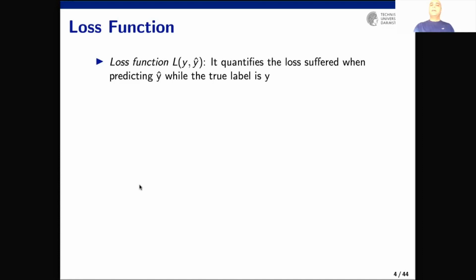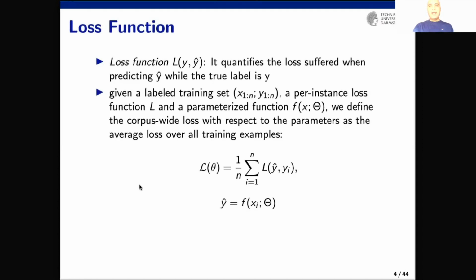In other words, the loss function measures how far the prediction of the network is from the true outputs. So given a labeled training set X and Y, a per-instance loss function L, and a parameterized function f(x; theta), we define the corpus-wide loss with respect to the parameters as the average loss over all training examples.